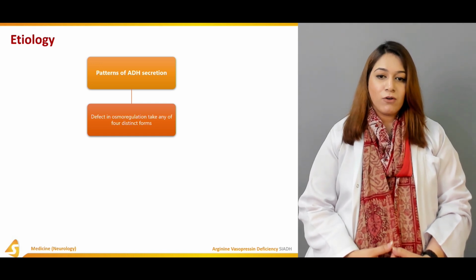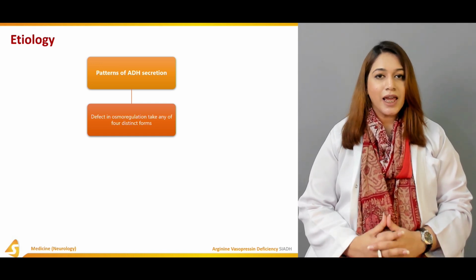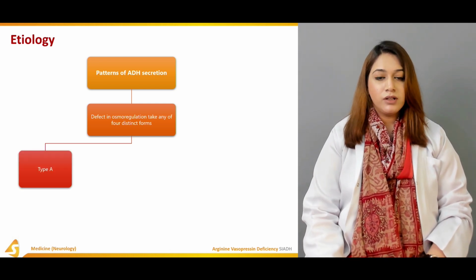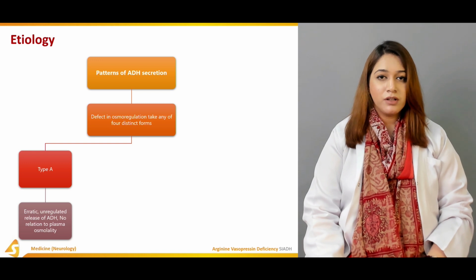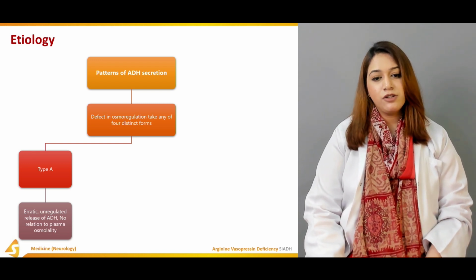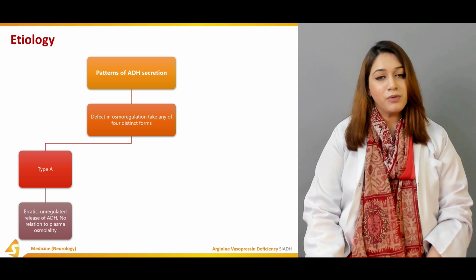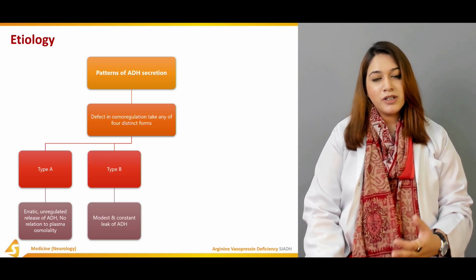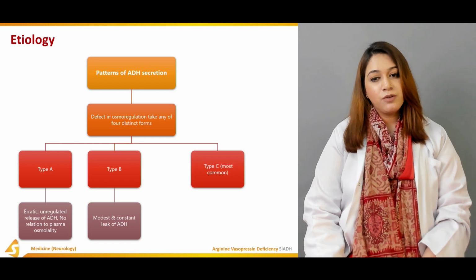The patterns of ADH secretion. Whenever there is defect in osmoregulation, it can take any of the four distinct forms. Number one, it can be erratic, unregulated release of ADH, which is not related to plasma osmolarity. Number two, it can be modest and constant leak of ADH.